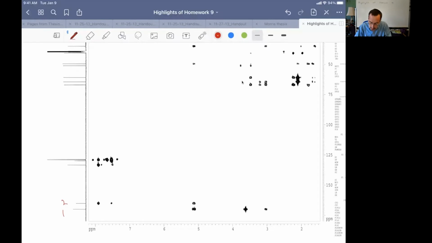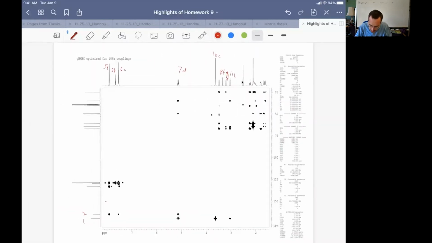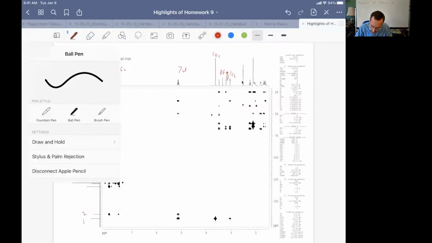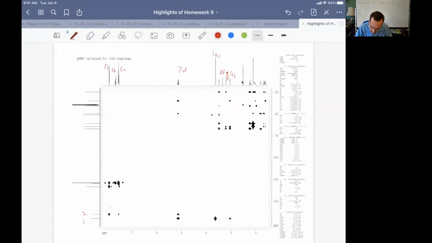For example, we'll see that 2 crosses with 5A. I generally like to write a little hyphen here when I'm doing this. 2 crosses with 5A, 2 crosses with 6C, and 2 crosses with 7D.